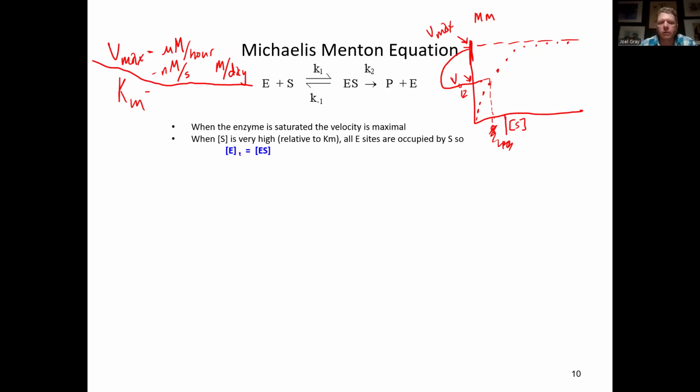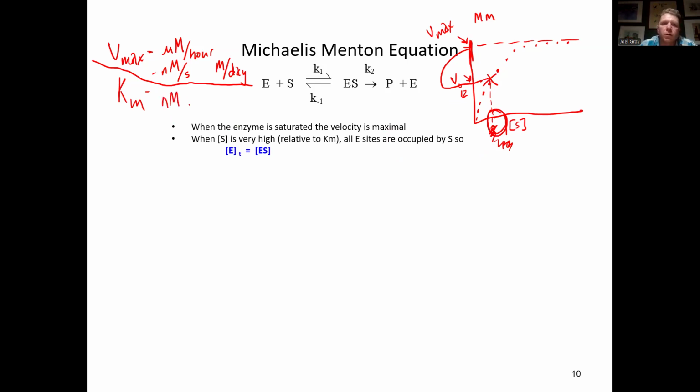Now, Km, on the other hand, is kind of confusing because lots of people hear it as, well, Km is Vmax over 2. It's not. Km is the concentration that gets you to half of Vmax, or that gets you to Vmax over 2. So if this right here is our Vmax over 2, then this right here is our Km. So Km needs to be in something that is a concentration.